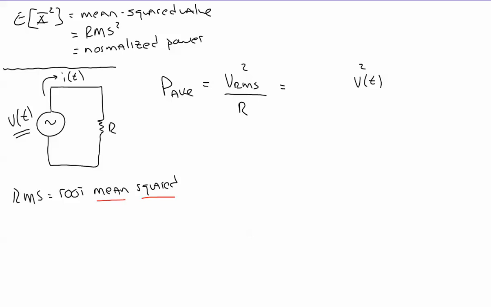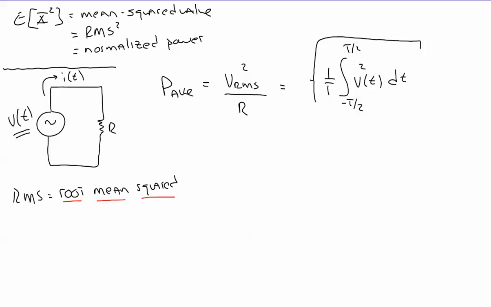For a time-varying function, it looks like this. Integral from minus T over 2 to T over 2. I integrate, and I divide by my window of observation, capital T. And then I find the square root. I undo all of that. The last thing I do is take the square root. That's what that means.